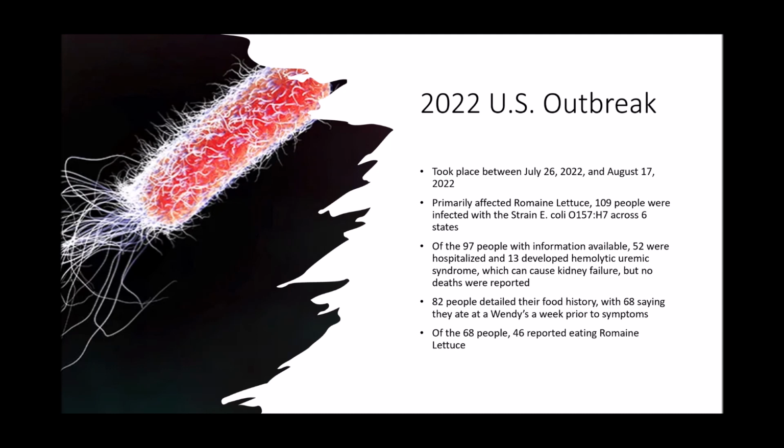Of the 97 people with information publicly available, 52 were hospitalized and 13 developed hemolytic uremic syndrome, which can cause kidney failure, but no deaths were reported. 82 people detailed their food history, with 68 saying they ate at a Wendy's a week prior to symptoms. Of the 68 people, 46 reported eating romaine lettuce.